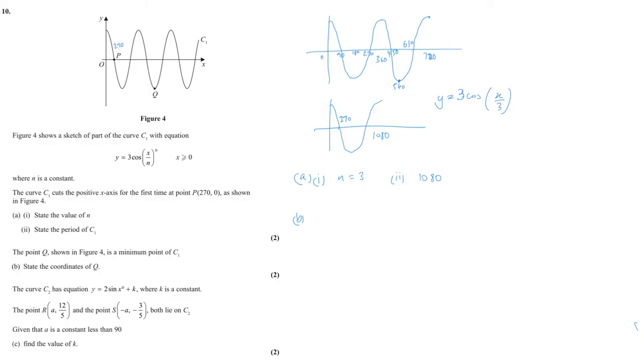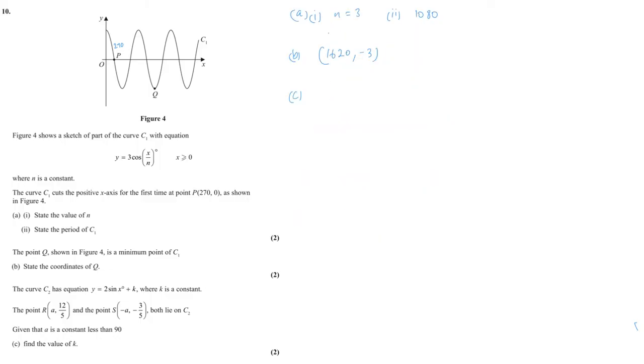So 540, and of course we said we're multiplying by 3. So 540 times 3 is 1620, so it's 1620 and -3. All I'm doing is breaking it down logically and comparing what the original graph will look like to what the transformation is.